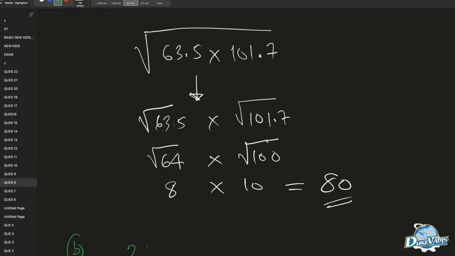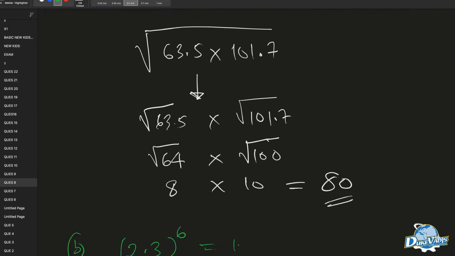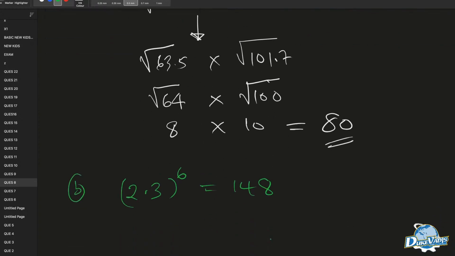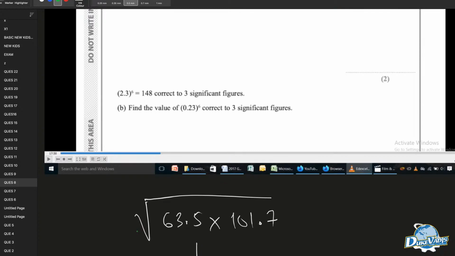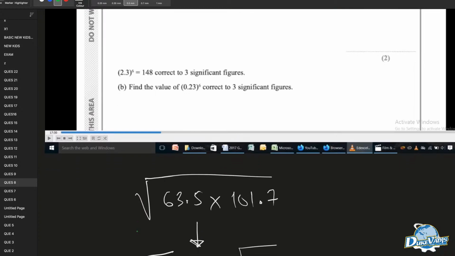That's B. So 2.3 with the power 6 is equivalent to 148. And we know that to be able to evaluate this, if you look at the value that they want us to evaluate, you see 0.23, correct to 3 significant figures.